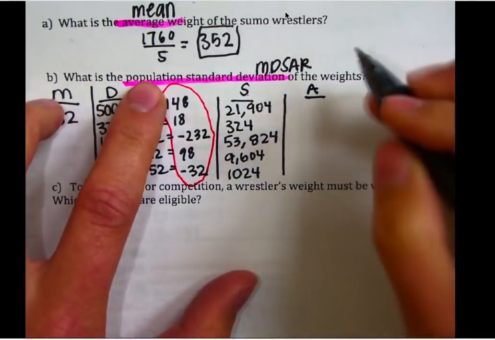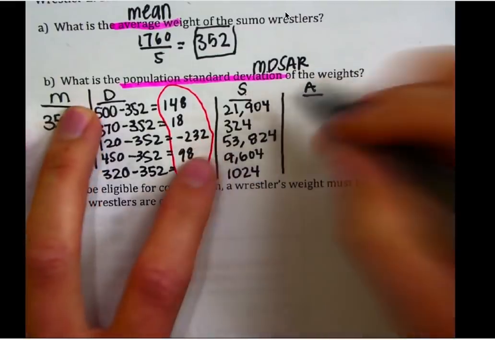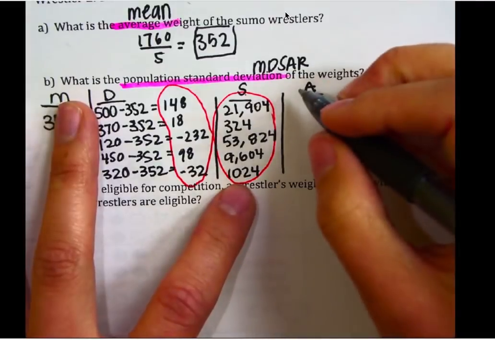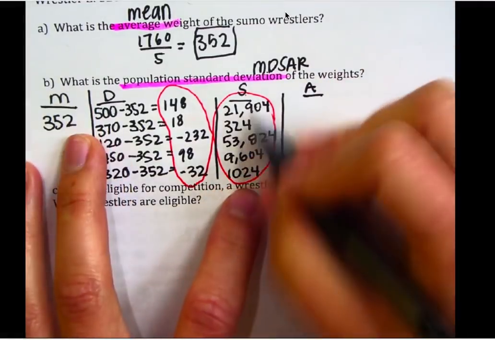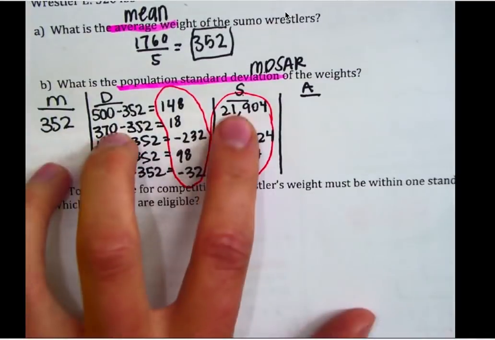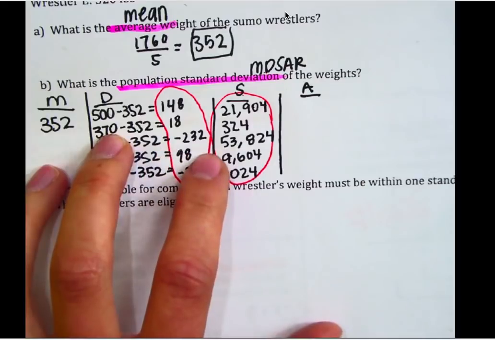Step 4, A stands for average. Since they asked for population, I just find my regular average. So I'm going to be adding all of these numbers and then dividing them by 5. I'm not going to write it out just because of time. I'm adding 21,904 plus 324 plus 53,824.